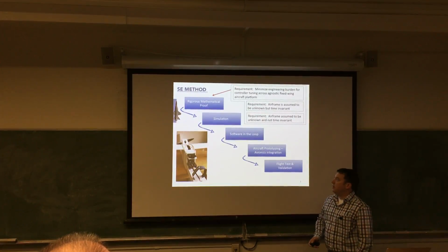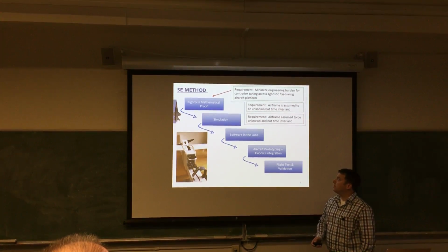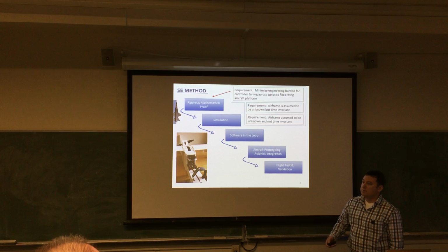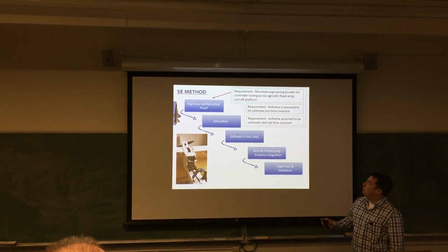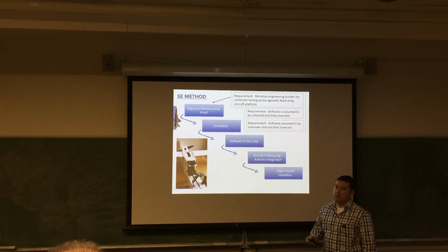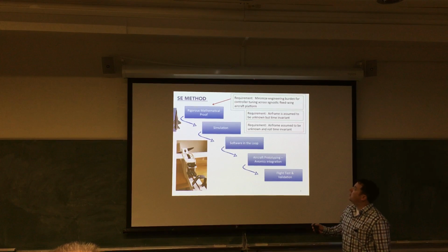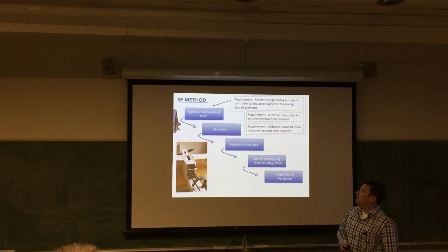The SE method that I chose to use that fit this process was a waterfall method. Starting with that problem statement, some key requirements popped out. The whole idea was, could I create a modern flight controller that would minimize the engineering burden for controller tuning across agnostic fixed-wing aircraft platforms?